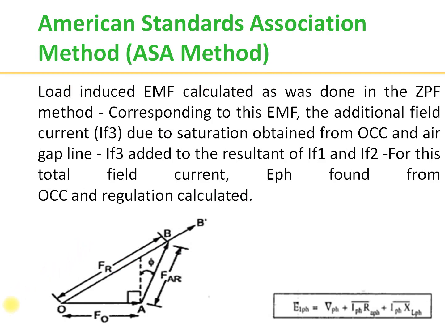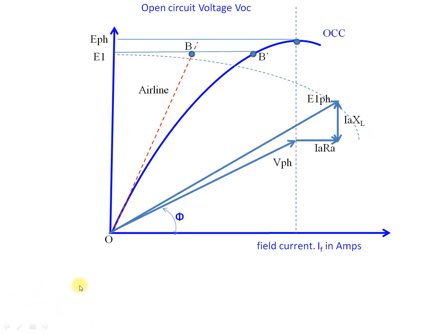That saturated value of the MMF which we need to find out can be found from the extension of the phasor diagram of the MMF method. What we will be doing is having the OCC curve.